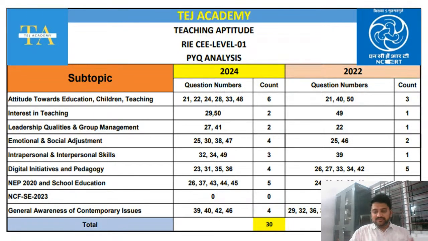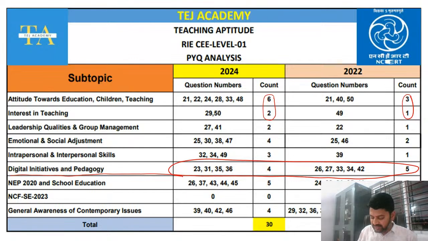If you see attitude towards education, children and teaching, and interest in teaching, together you are getting roughly 8 questions in the previous year, and before that 4 questions. The next major area, digital initiatives, has almost 4 to 5 questions coming every year.